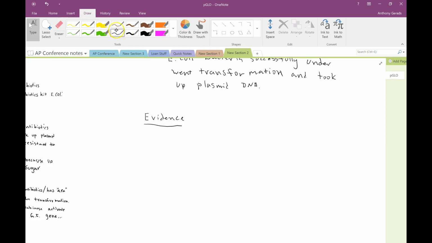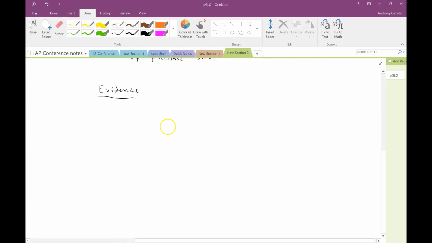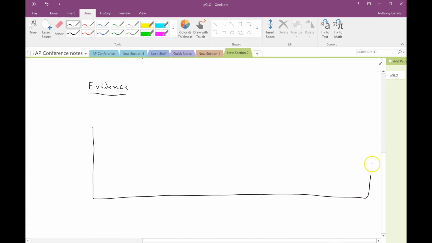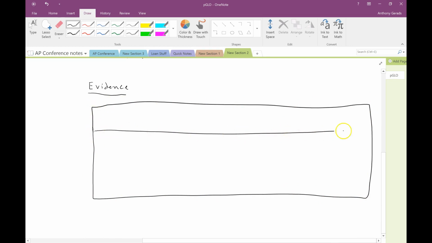So I'm then going to make a data table. Let's say my data table looks like... My data table is going to look something to the effect of this. This would be appearance.